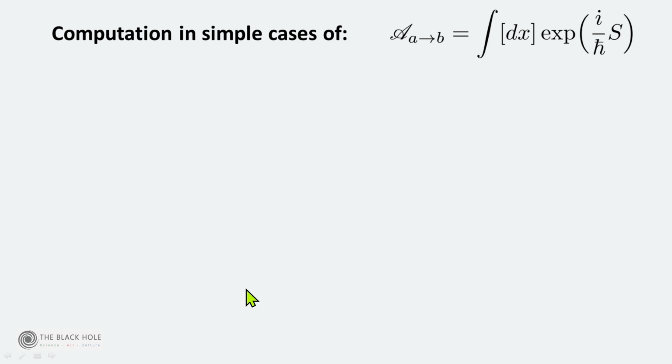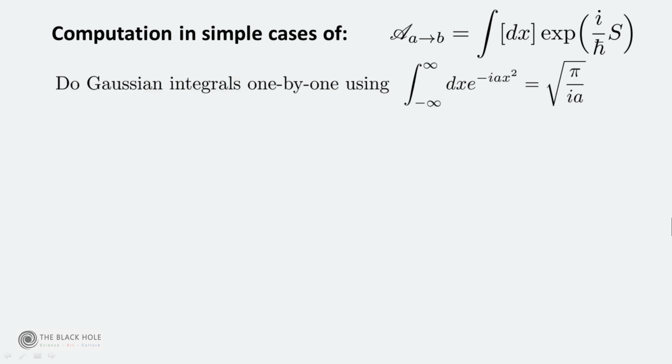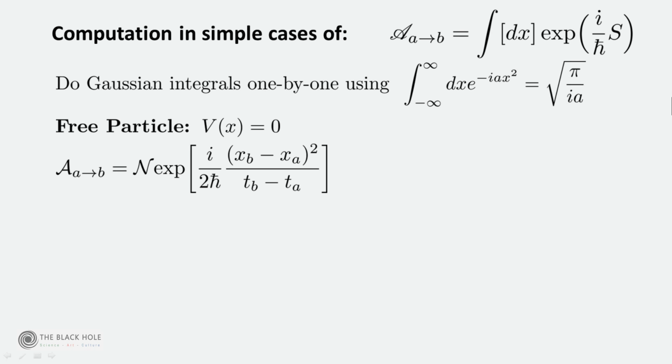Okay, so now let's come back over here. In the simple cases, we have only Gaussian integrals to do. And the Gaussian integral, e to the minus x squared, which we discussed before, is this.